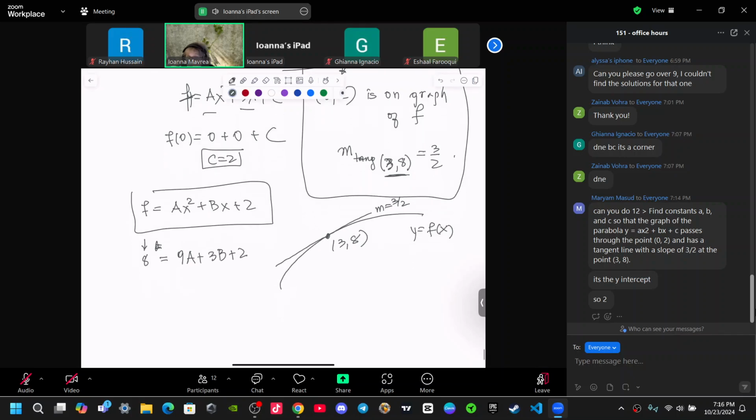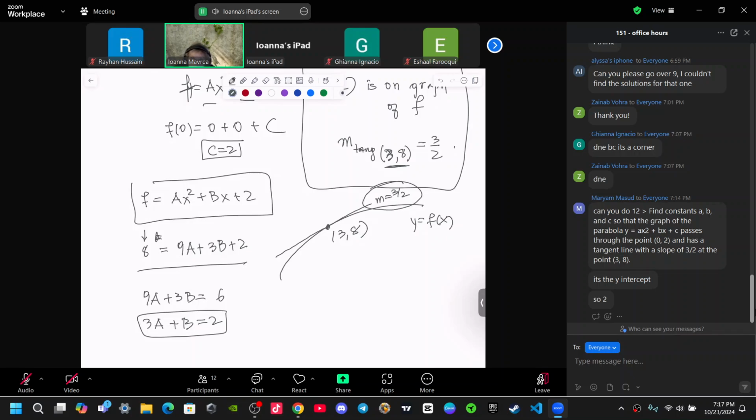So again, I want 2 equations with a and b because I have 2 unknowns a and b, right? So here's one equation. So I'm going to rewrite it. 9a plus 3b is equal to something. And you can simplify. Let's get rid of some 3's. So 3a plus b is equal to 2. So here's one. I need another one with a's and b's so I can find them. And the other one is this, to tell you the slope. The slope is the derivative of the function at 3.